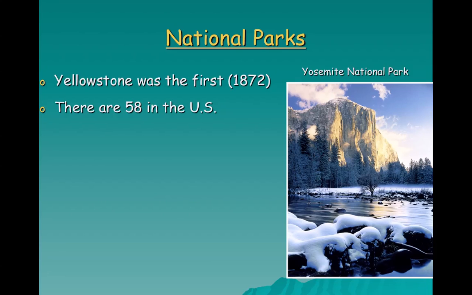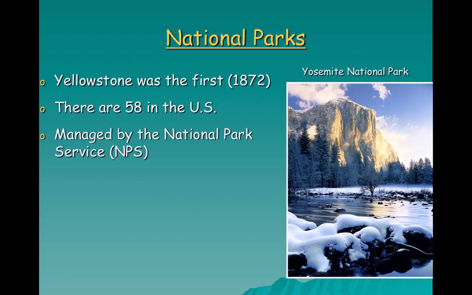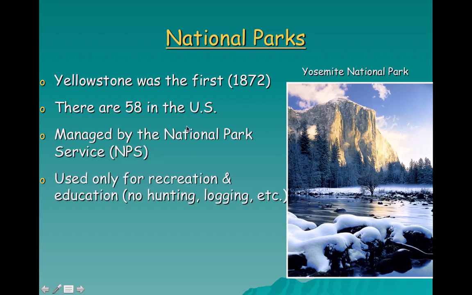Turns out Yosemite was actually the first protected place, having protection before Yellowstone, but Yellowstone was the first national park, if that makes sense. Yosemite was designated a national park after Yellowstone was, even though before that it was still a protected area. So there are 58 in the United States, and they're managed by the National Park Service. So that's kind of easy to remember. National parks by the National Park Service.